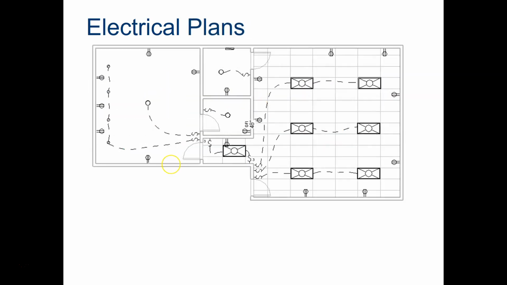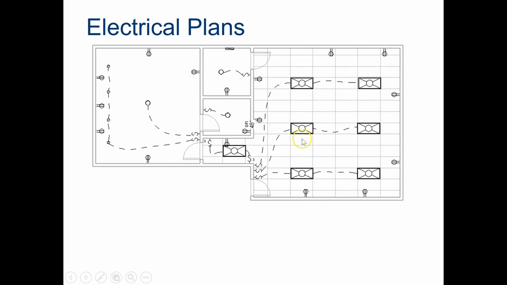Now, let's take a look at some electrical plans quickly. In this plan, what you see is a couple of different rooms, and I'm going to show you later that this has a legend that shows you what all of these different things are. The circles with the lines on the outside of the walls are all receptacles.